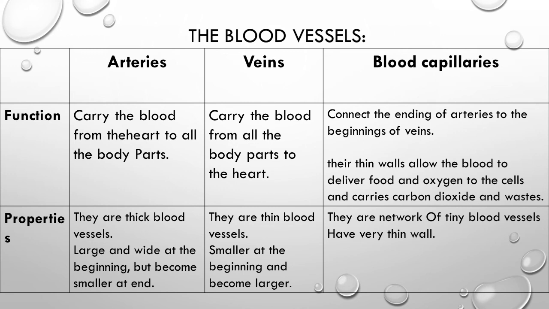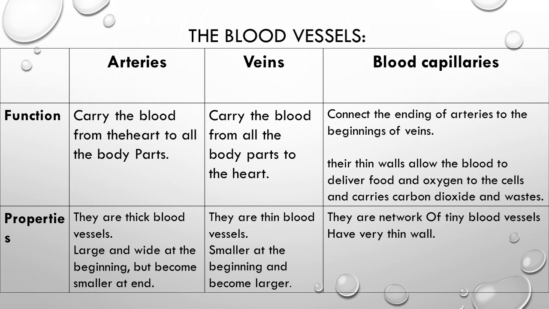Arteries and veins are opposite. What is the function of blood capillaries? They connect the ending of arteries to the beginnings of veins. Also, their thin walls allow the blood to deliver food and oxygen to the cells and carry carbon dioxide and wastes out of the body cells.